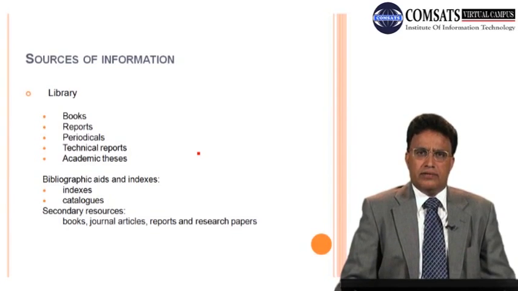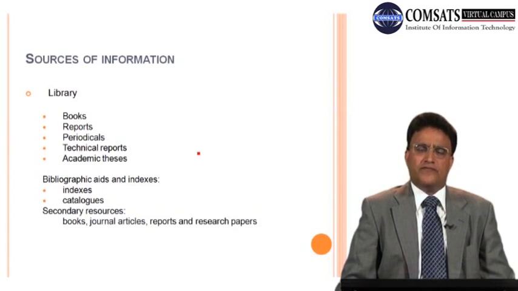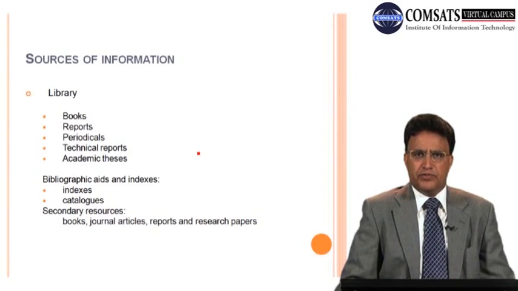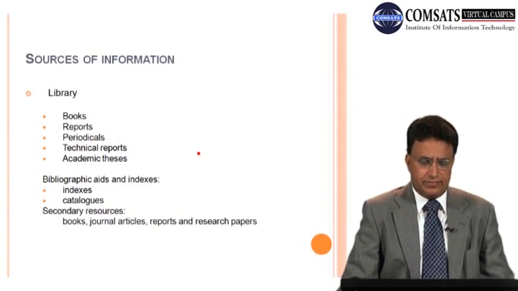Now the libraries have transformed that data electronically, and that data is now available on computers and even on the internet. So people can access those books by logging on to the computer and searching online catalogs.